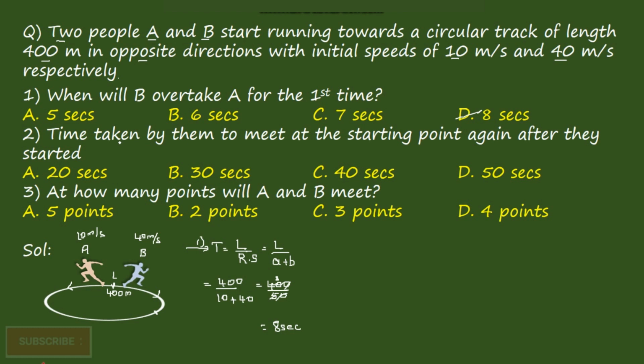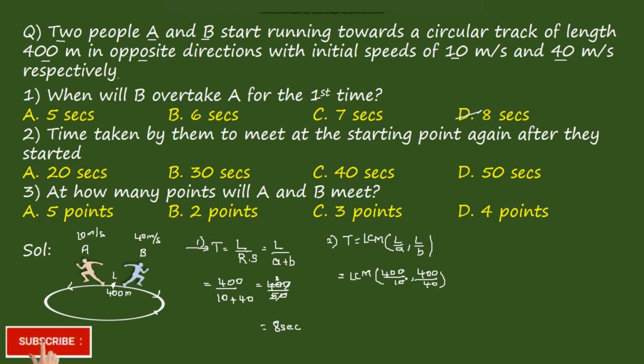Come to the second one. Time taken by them to meet at the starting point again after they started. They are starting from this particular point in the circle. Again they will be meeting at the same point. At what time, you have to find out. Right, second one. We know the formula: the time taken when they will be meeting at the starting point again when they start is nothing but the LCM of L by A and L by B, which is equal to the LCM of length 400, A is moving with speed of 10, and again length 400, B is moving with speed of 40.